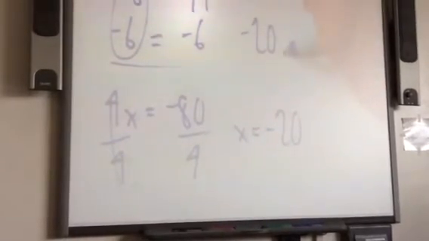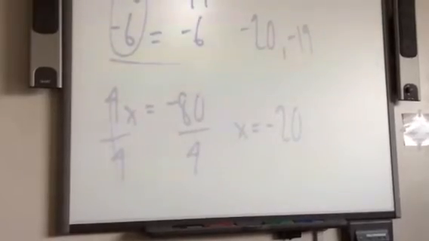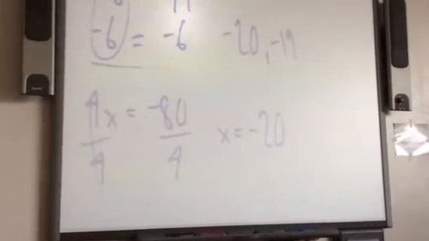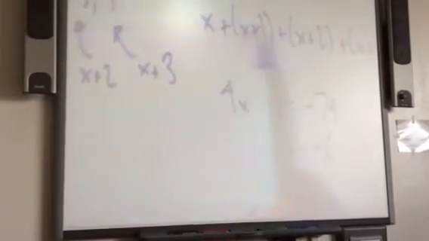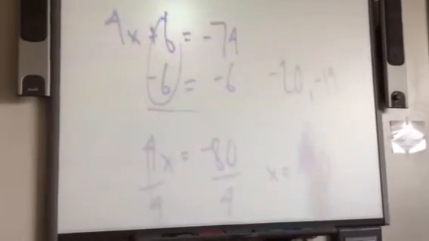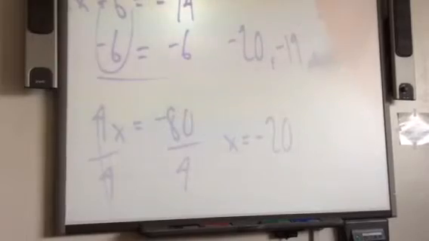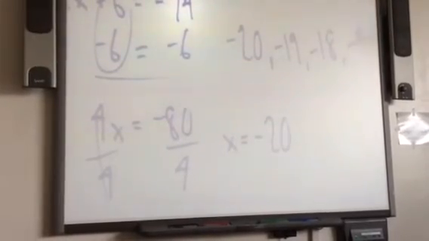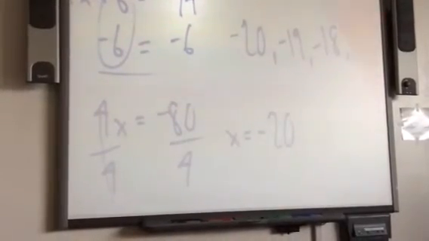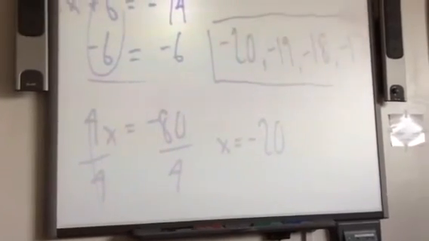It's negative 19. It's not negative 21. Negative 21 is one smaller. This is x. This says x plus 1. If you add 1 to negative 20, it's negative 19. And then you've also got negative 18 and negative 17. And if you were to add these 4 numbers together, they would total negative 74.